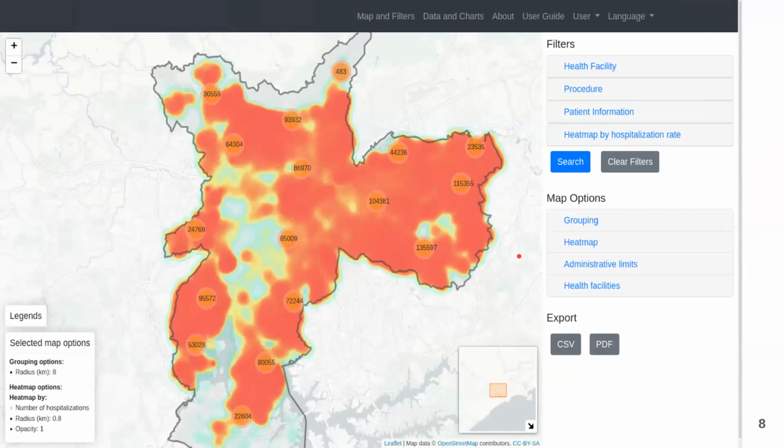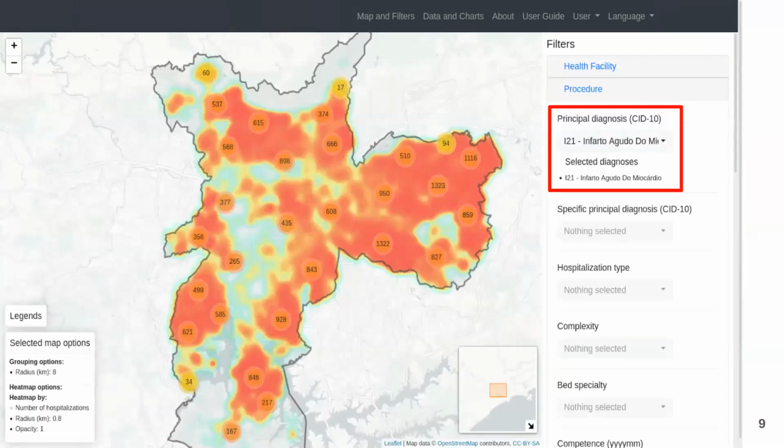And starting with the filtering, we can firstly apply a filter by diagnosis. We're filtering by myocardial infarction here, and the number of procedures shrinks quite a lot, but the data is still spread out around the city. So, for example, if we actually want to analyze regions without proper support, we can add more filters to the data.